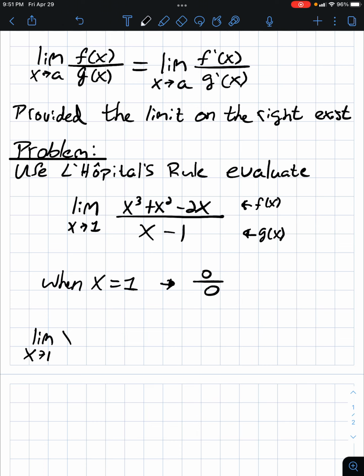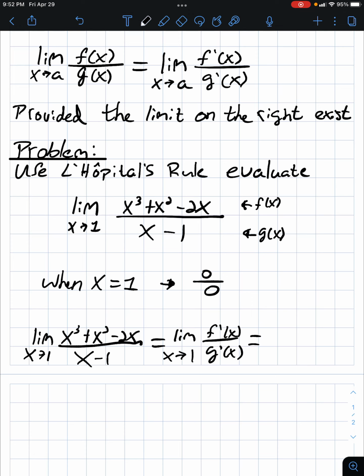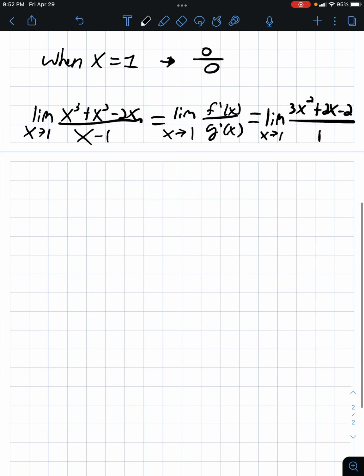The limit as x approaches 1 of x cubed plus x squared minus 2x divided by x minus 1 is equal to the limit as x approaches 1 of f prime of x divided by g prime of x, which is equal to the limit as x approaches 1 of 3x squared plus 2x minus 2, divided by 1.